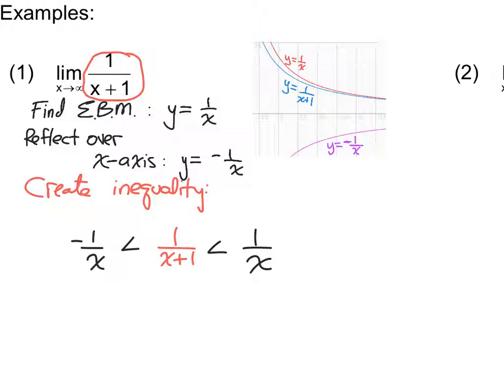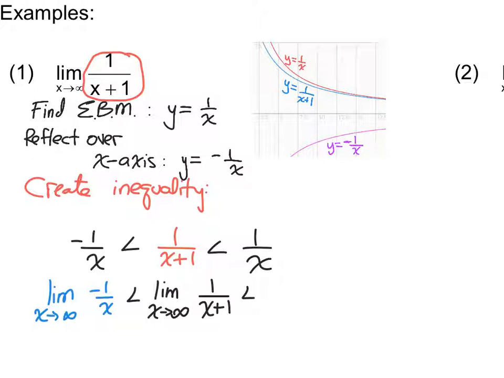So what we're going to do is find the limit of each of these as x approaches infinity. So we're going to indirectly find the limit of the inner function. Even though we did it plenty in the last unit, this is going to justify analytically why it worked the way it did.